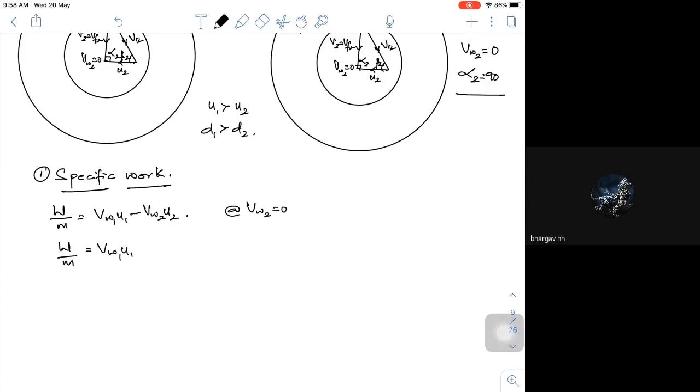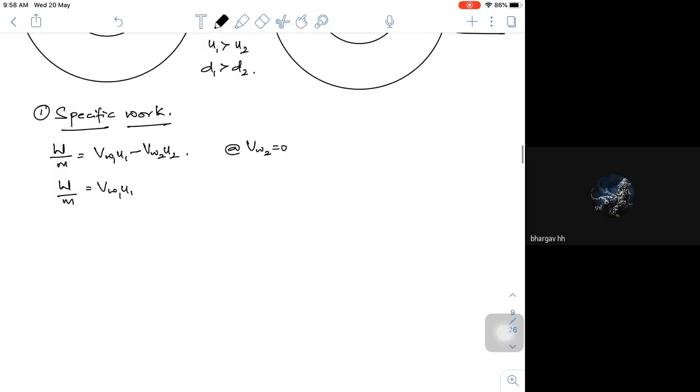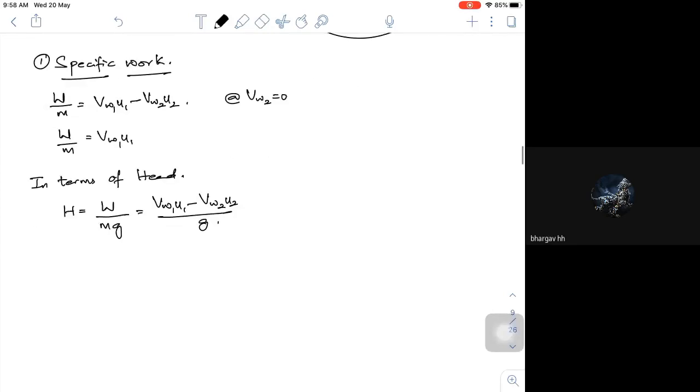Or if I want to write in terms of the head, H will be equal to the work done by M into G, or I can write VW1 into U1 minus VW2 into U2 by G. Because my VW2 is equal to 0, I can write it as VW1 into U1 by G. This I call equation 1, and this I call equation 2.